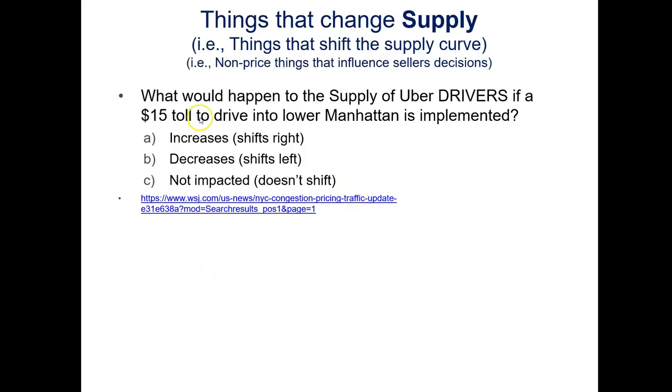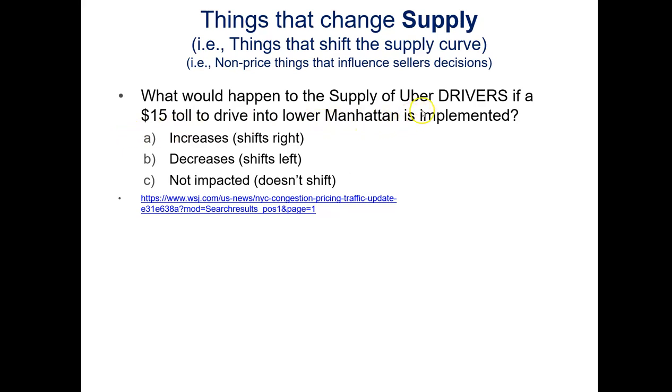So this is a pretty topical one as I record this in January 2025 because this just went into effect, not at $15, that was the original proposal, but just recently Manhattan started implementing congestion pricing, where if during peak times you drive a vehicle into downtown Manhattan, and it's different for different types of vehicles, but you have to pay a toll.